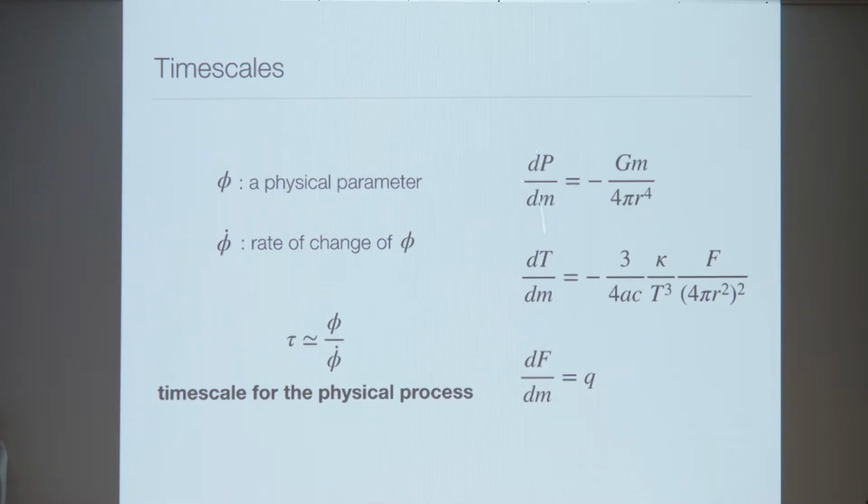We basically have these three equations. This one is governing the motion, this is the radiation energy transport inside the star, and this is nuclear energy generation in the star. For each equation, we can think about the time scale for these changes to happen in the stars.